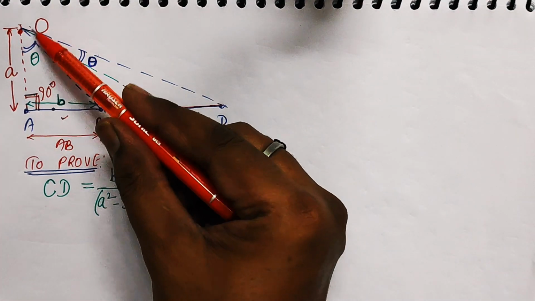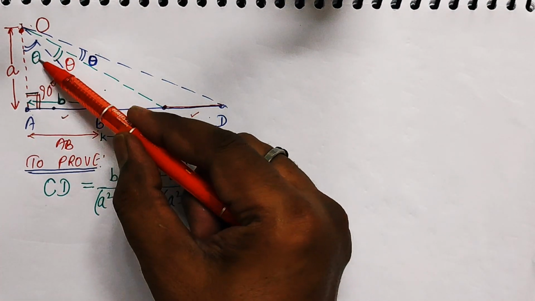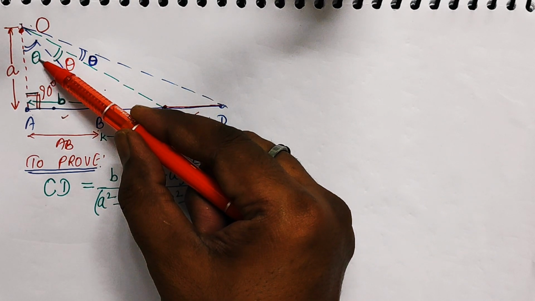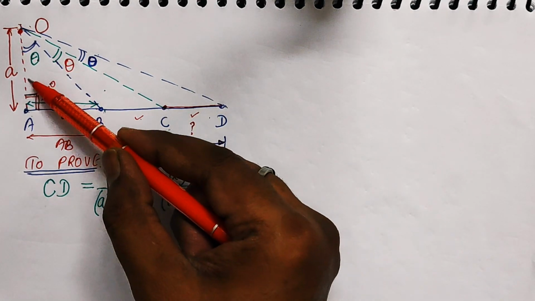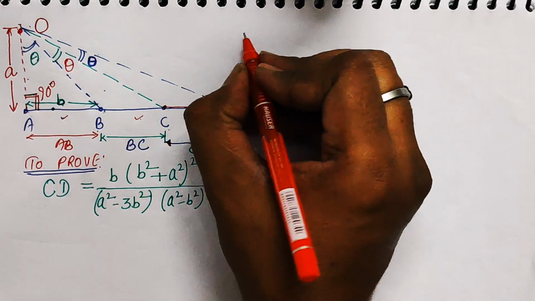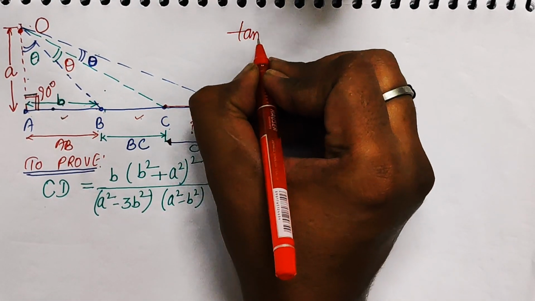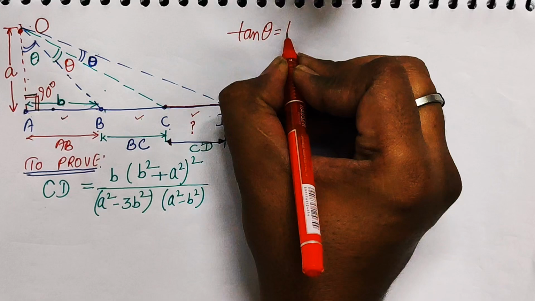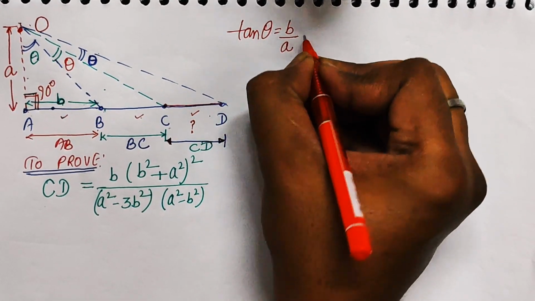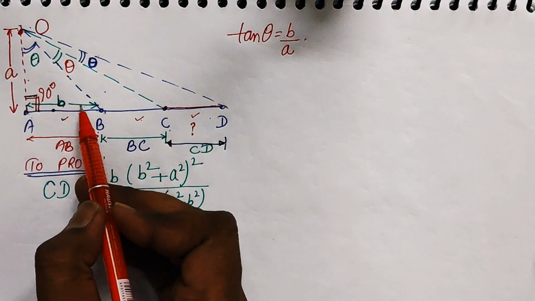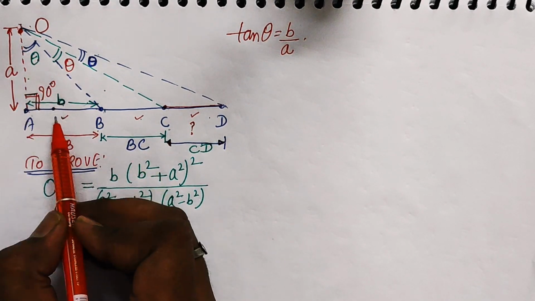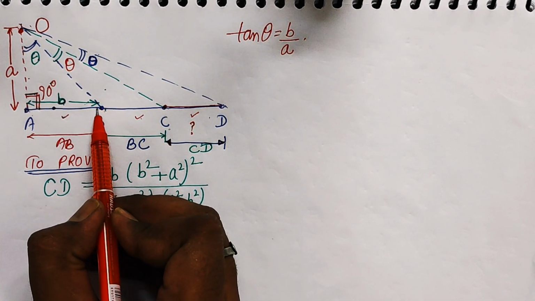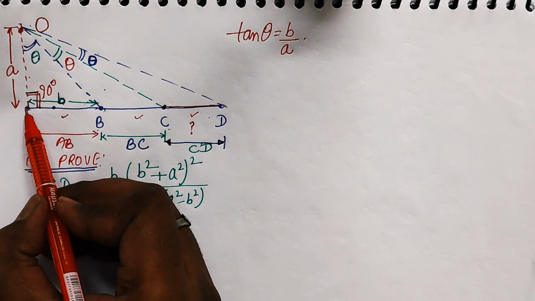If you consider triangle OAB, then we can write tan theta is equal to small b by a, right? We have taken the first triangle, triangle OAB. Here is the theta, AB is the perpendicular and OA is the base.